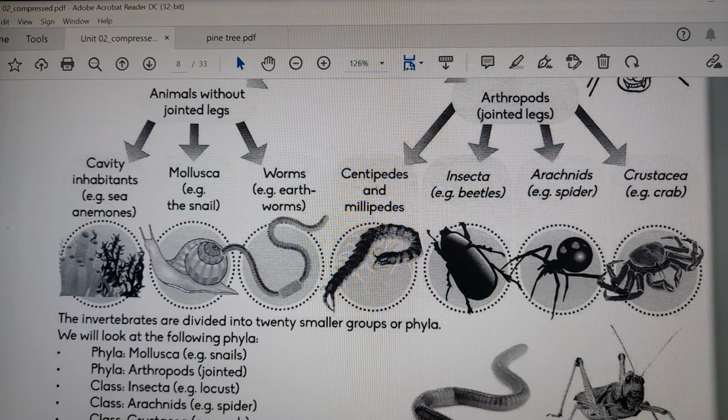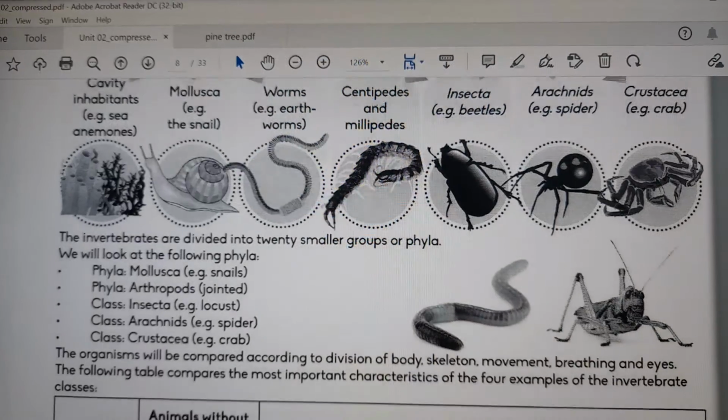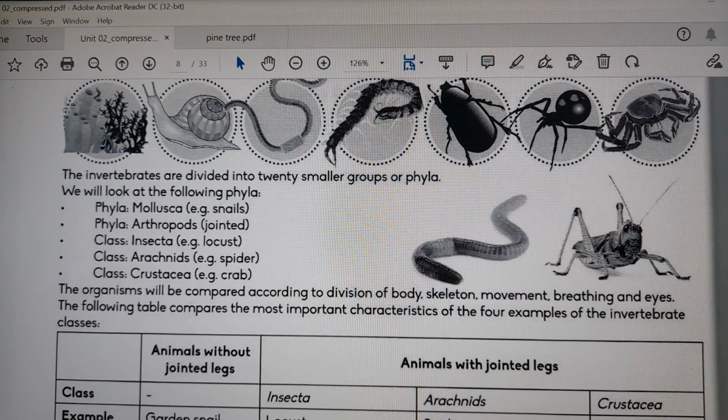Let's continue. Invertebrates are divided into 20 smaller groups or phyla. Remember, phyla can mean group. We will look at the following phyla. This is what we will focus on. Under mollusca, we have snails, so we'll look at snails.